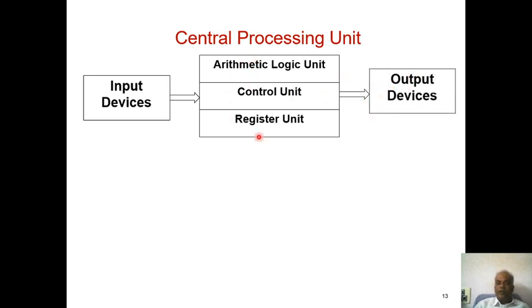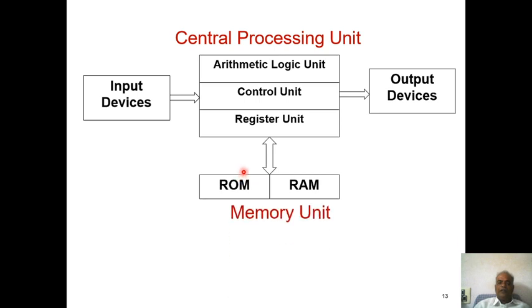For processing, the central processing unit makes use of a component called memory. So a computer system consists of input devices, output devices, central processing unit, and the memory unit.